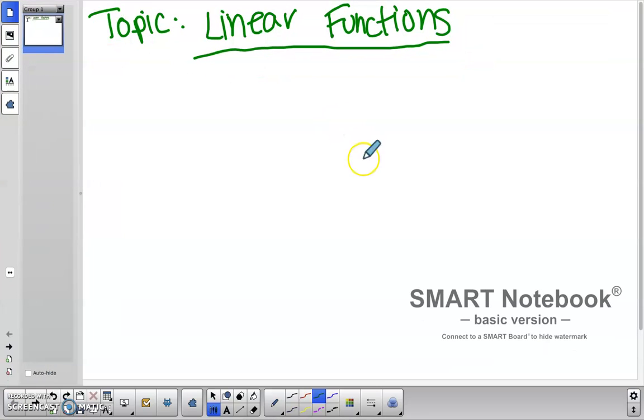Alright, so today our topic is going to be on linear functions, and I'm going to give you some key points or topics or lessons we're going to be doing on linear functions, okay?